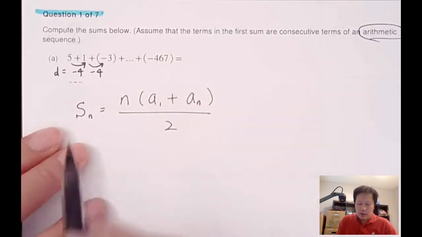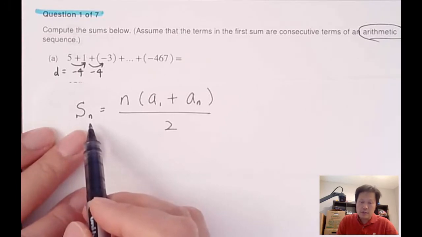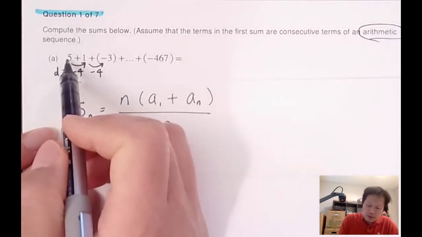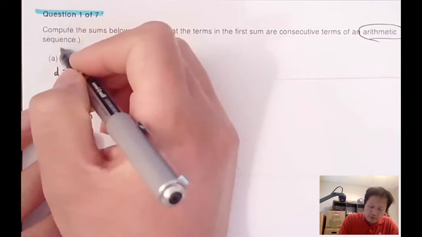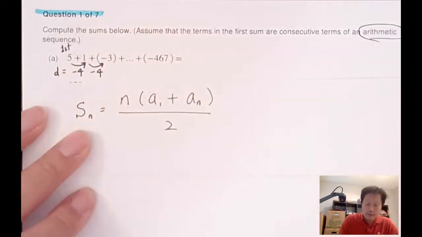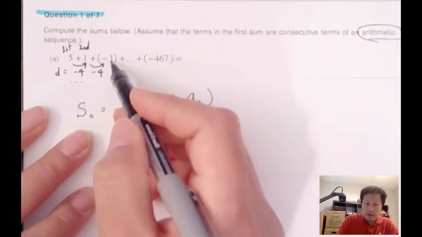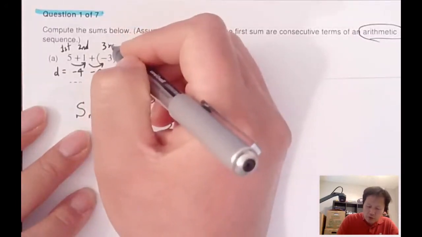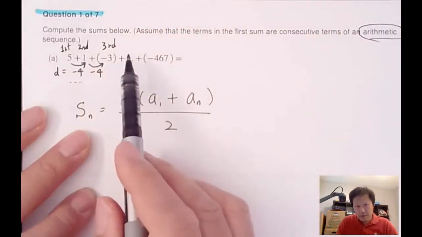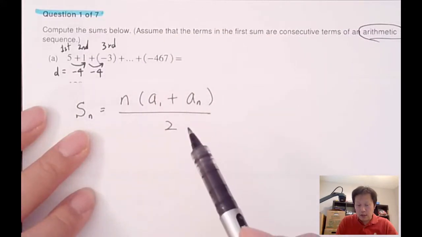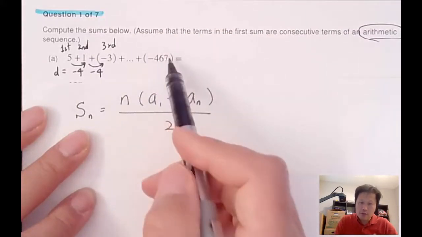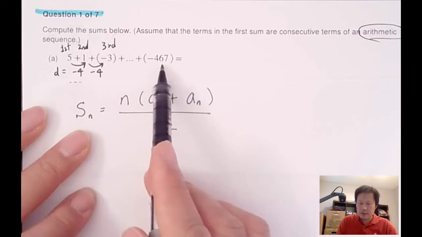Okay, n value means index. 5 is the first term, 1 is the second term, minus 3 is the third term, then 4th, 5th, and 6th. And we are adding all the way up to minus 467.